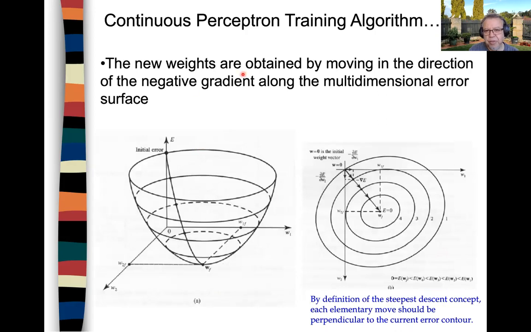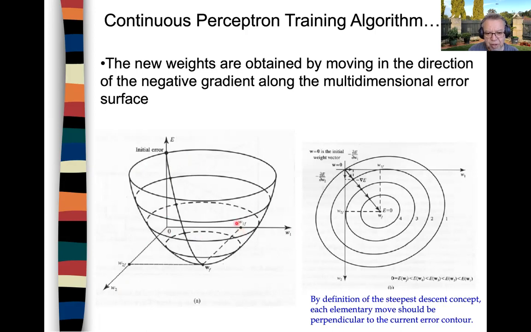So the new weights are obtained by moving in the direction of the negative gradient, just like before, along the multidimensional error surface. In our weight space, for illustration, we're just showing W1 and W2, but we're going to have an error function.